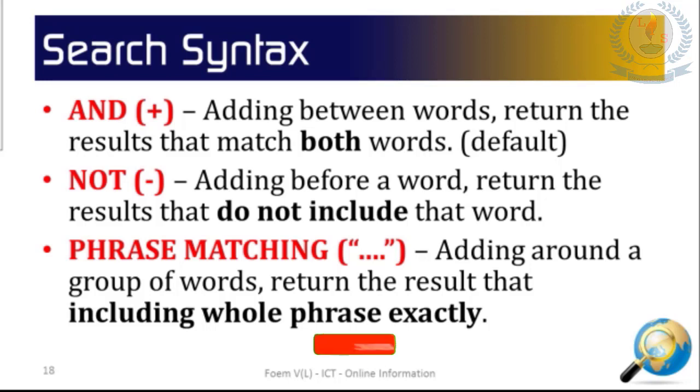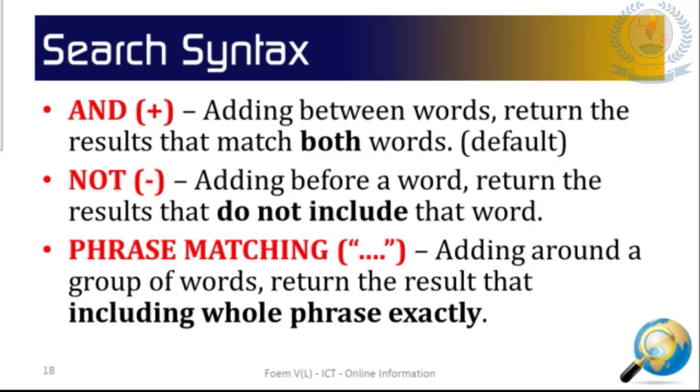This is the default one. NOT, a minus sign added before a word, returns results that do not include that word. If you enter a minus sign, it is considered as no need to display that word, and the other words are returned as the result.